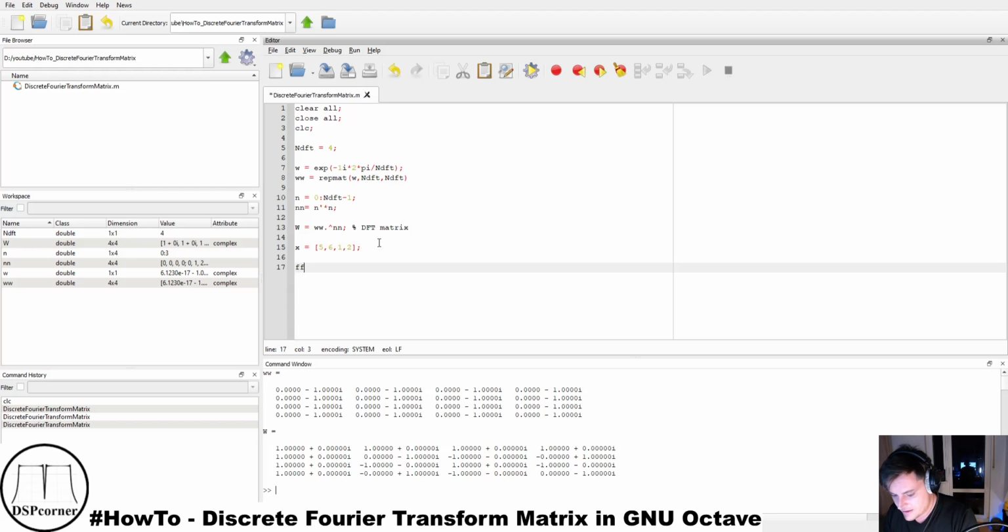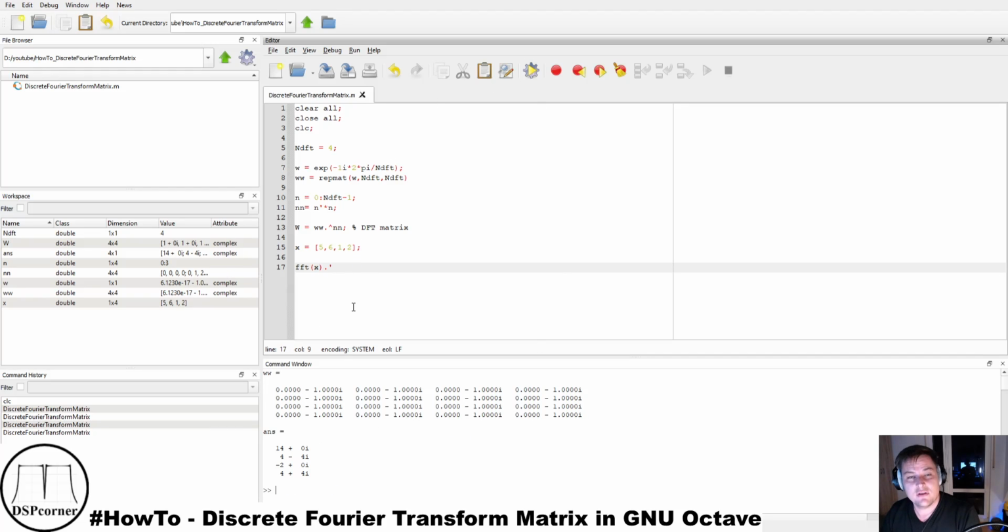And first let's use the FFT command in order to calculate the FFT of X. I will output it as a column vector because this one here is a row vector, and after multiplying it with W we will get a column vector. So for comparison I force the FFT output to be a column vector by writing point and asterisk here. And so let's fire it up.